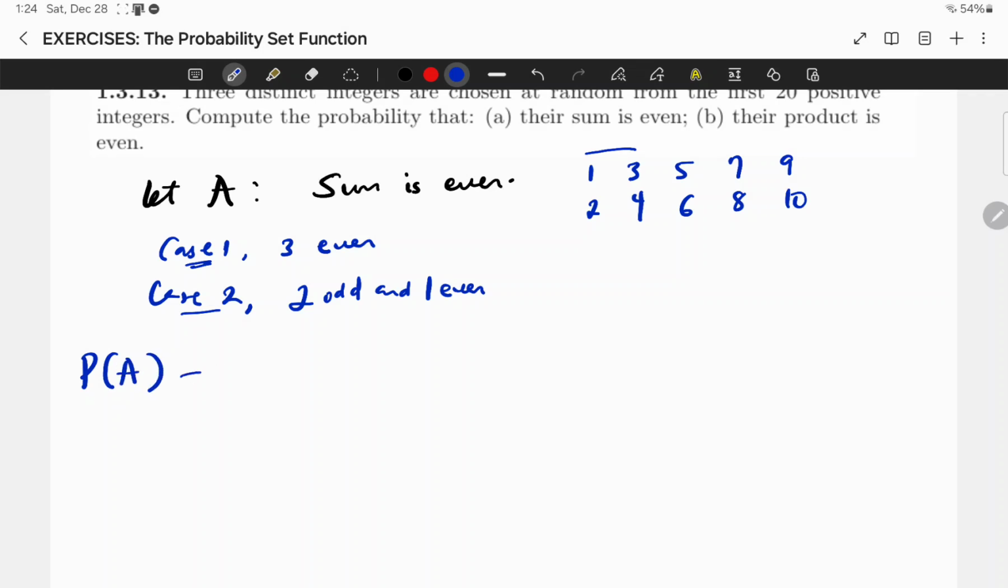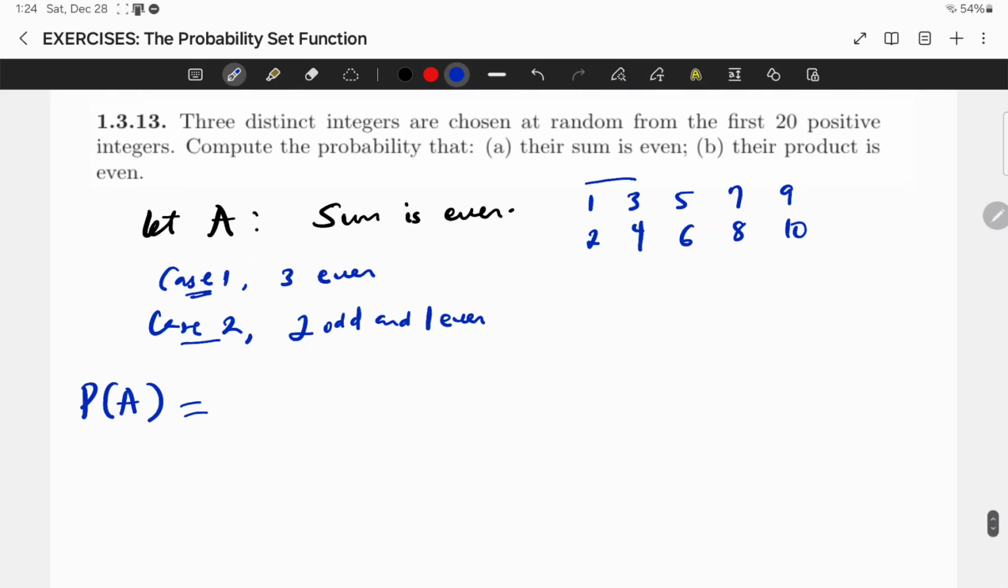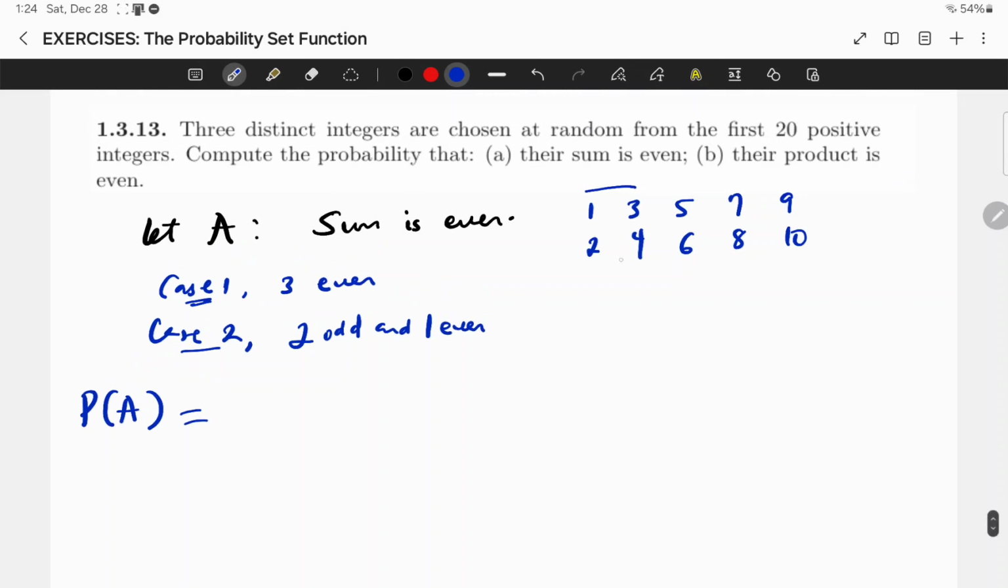which is that the sum is even, will be equal to the first case, selecting 3 even from the positive integers. The total number of positive integers we have is 10, going up to 20.